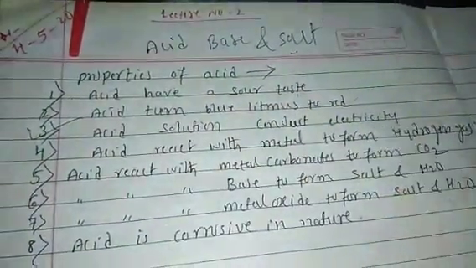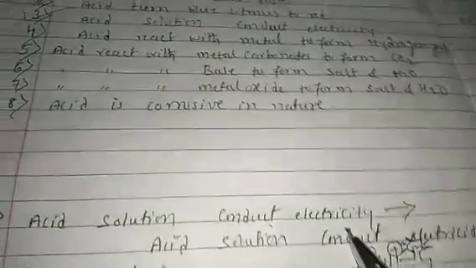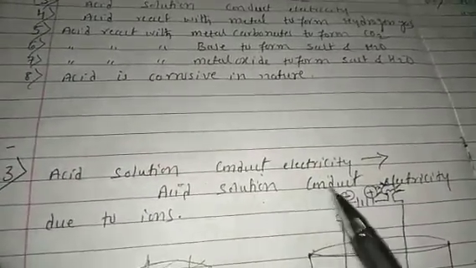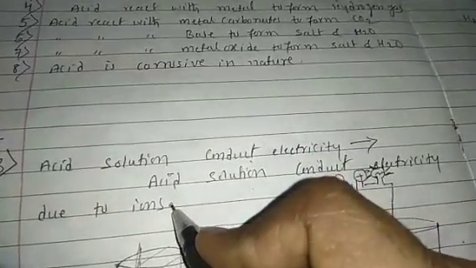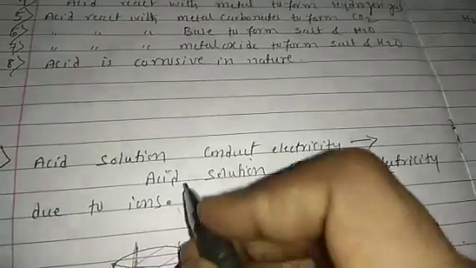So let's move on to the first topic, the third one: acid solution conducts electricity. Look at it, students. Why does acid conduct electricity? Because acid solution conducts electricity due to ions. What type of ions?